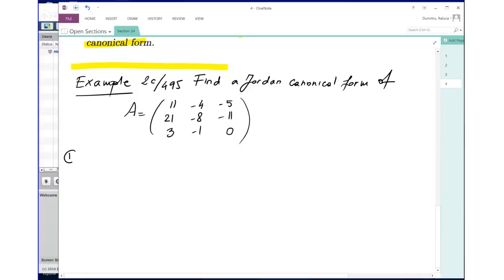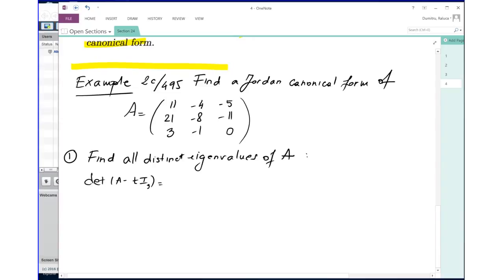So step 1, find all the distinct eigenvalues of A. How do I do that? Well, I find the characteristic polynomial, the determinant of A minus t identity.